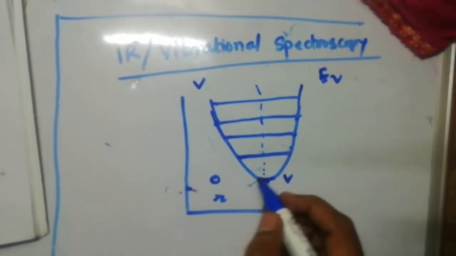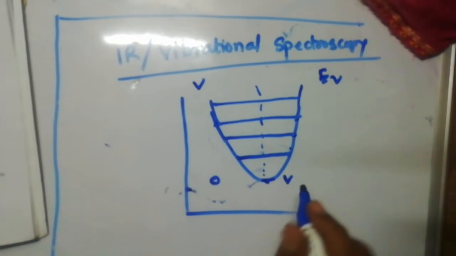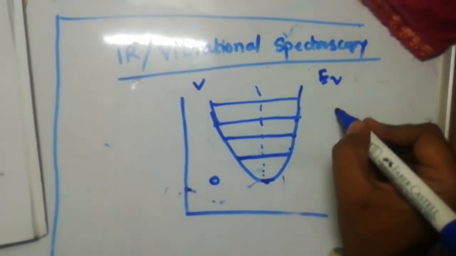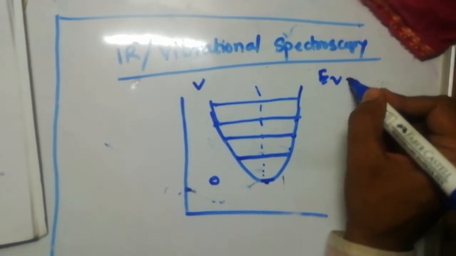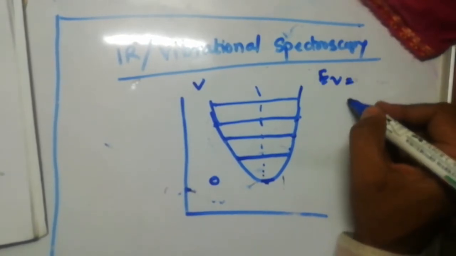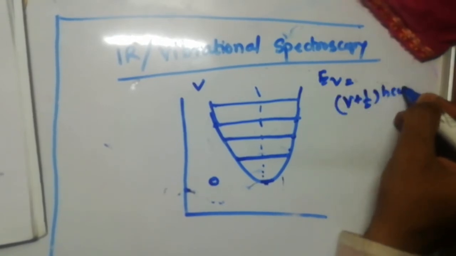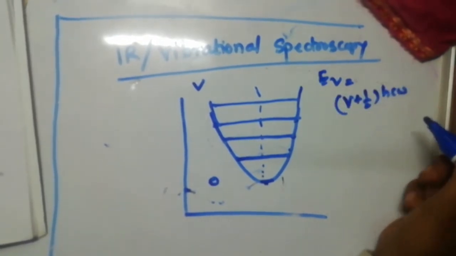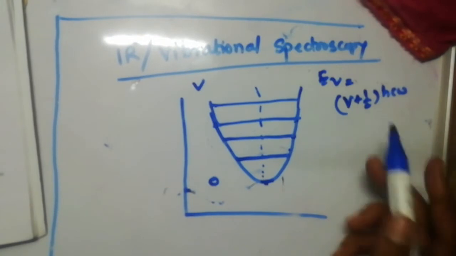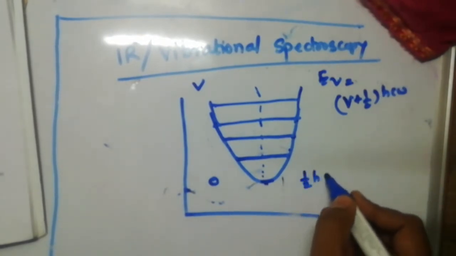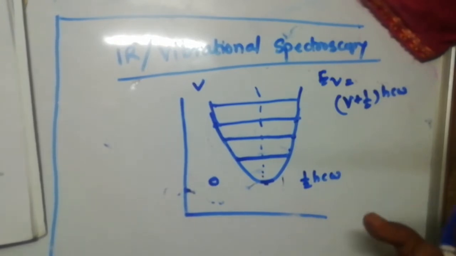So for V equal to 0, what is the value? The equation was E_V equal to (V plus half) hc omega, right? So putting V equal to 0, the value becomes half hc omega.